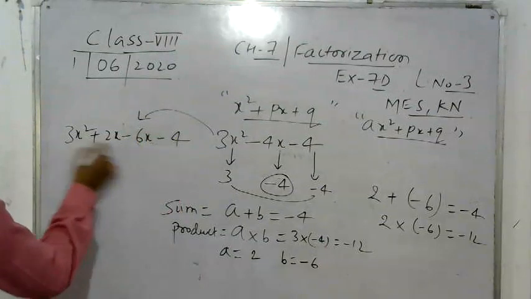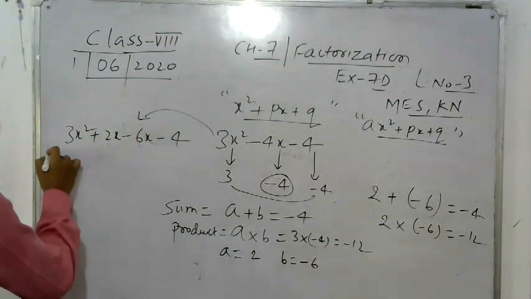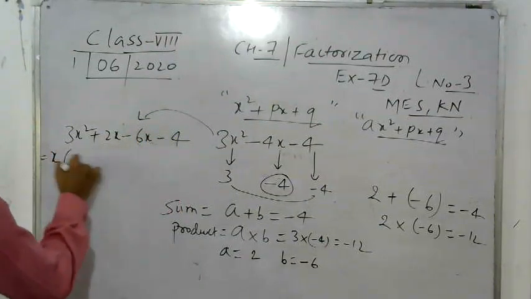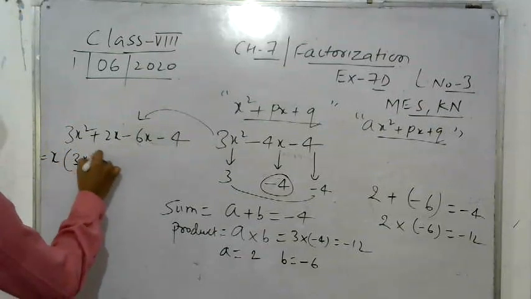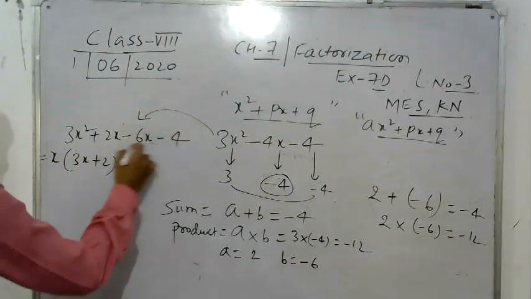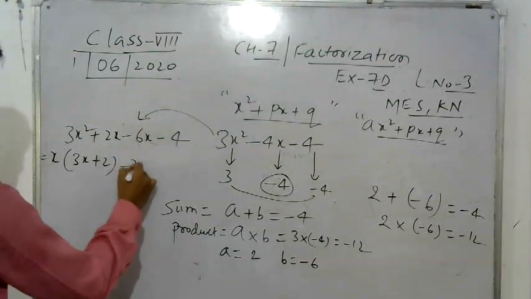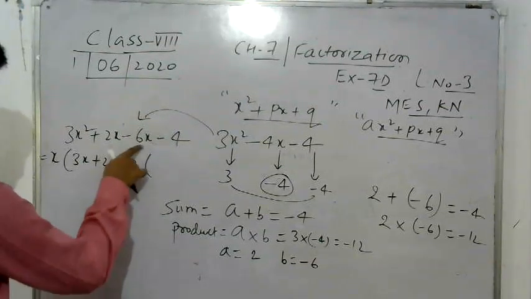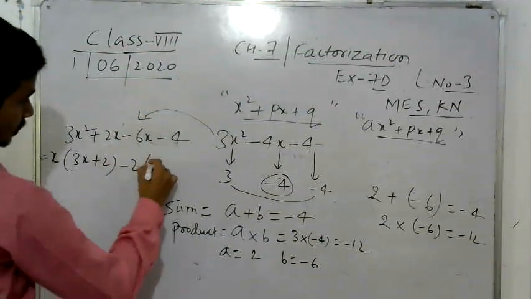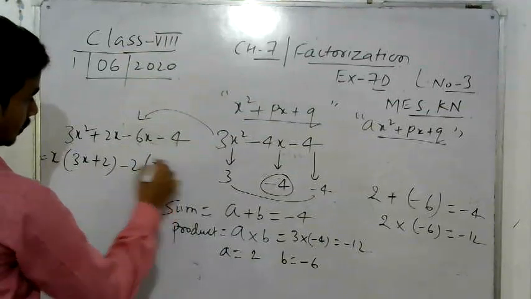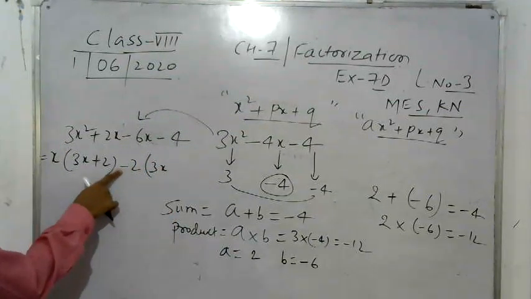Okay, and now take common. What is common? x is common in these two. So what is remaining? 3x plus 2. And from here, from 6 and 4, 2 is common. So when you take minus 2, what is remaining here? 3x is remaining.